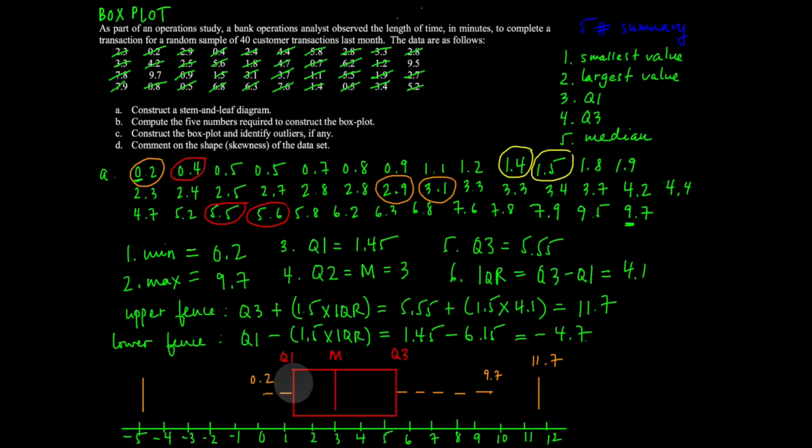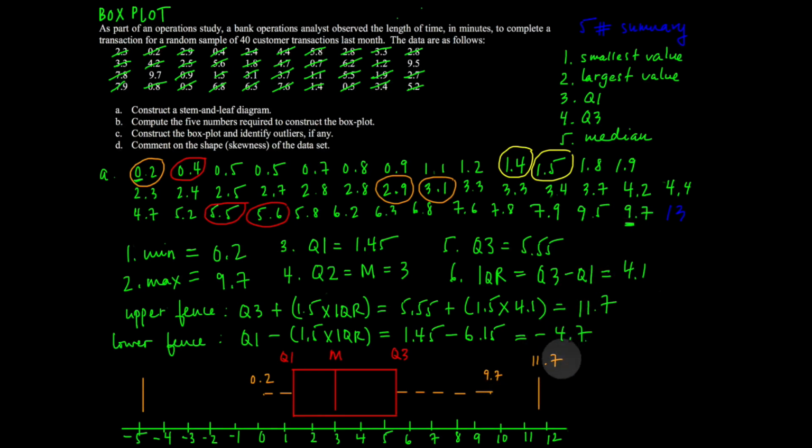Now, it asks us to find if there are any outliers. How do we determine if there are outliers? So this is where the whiskers come into play. Let's say, hypothetically, okay, it's not part of the problem, but let's pretend that we had another data point here at 13, okay? Outliers are determined by any point within the data set that goes beyond the upper or lower fence. So your whisker is the last data set before hitting the fence, which in this case would be 9.7.